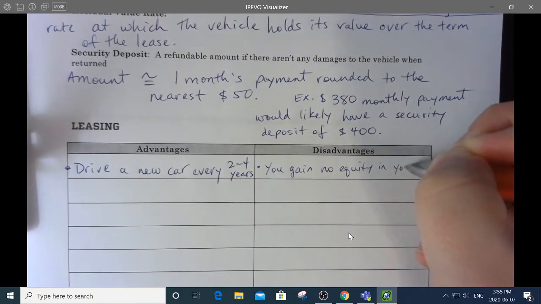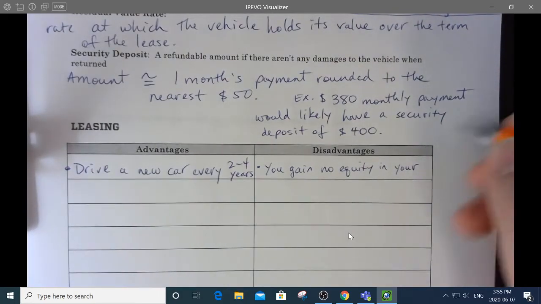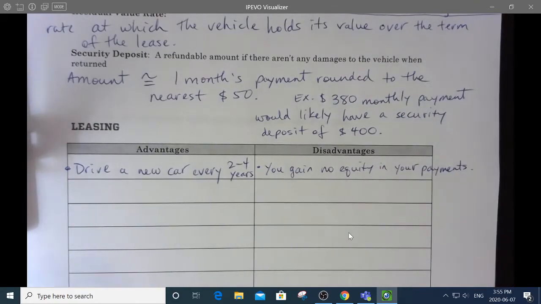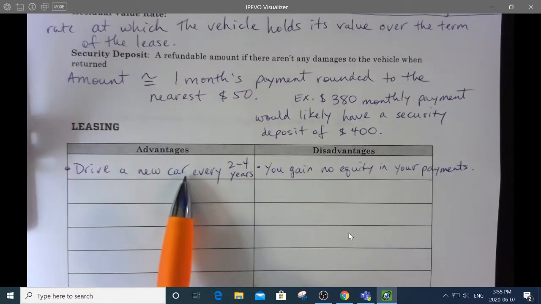in your payments. Now, we talked about depreciation in the last lesson, and yeah, new cars lose their value, and you are paying for that in your monthly lease payments.